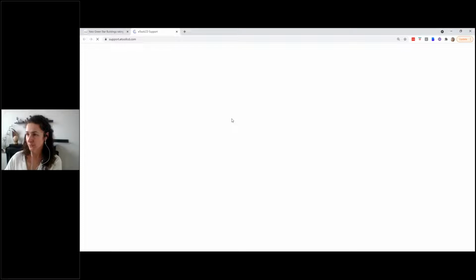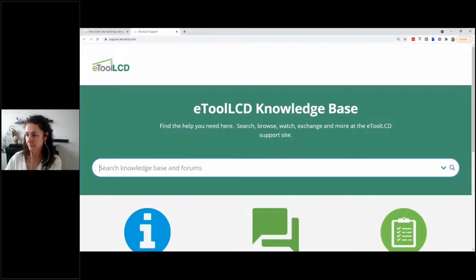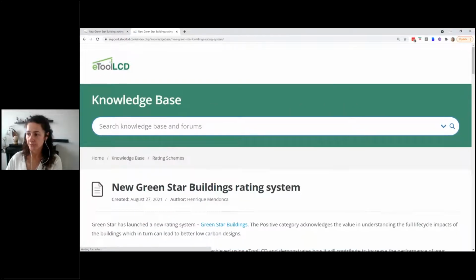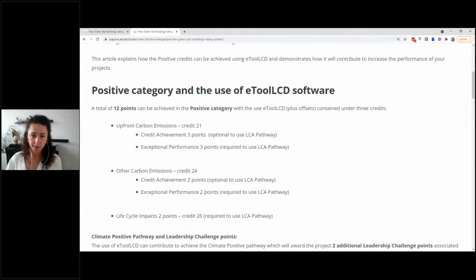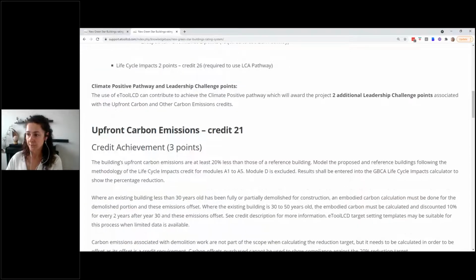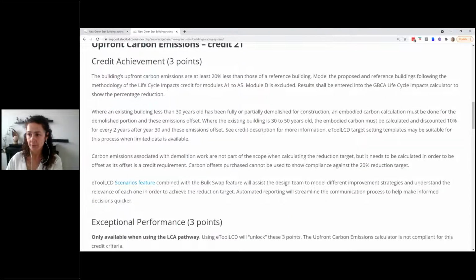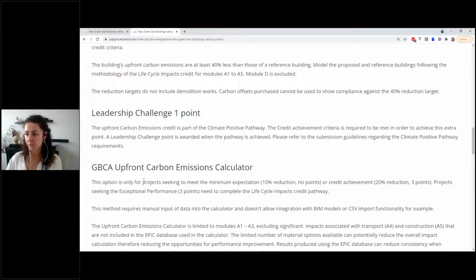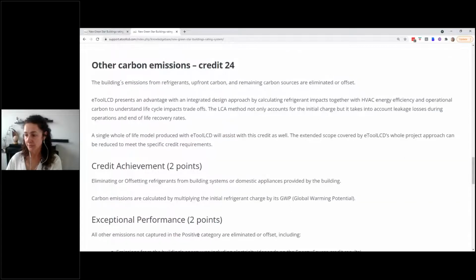While it's loading, I'm just going to do it for you. And it comes up as the first article. There's a lot of information in here that we put together for you to go into detail when you need it, and it basically covers these 3 credits, but I will go through this in detail now during the presentation.